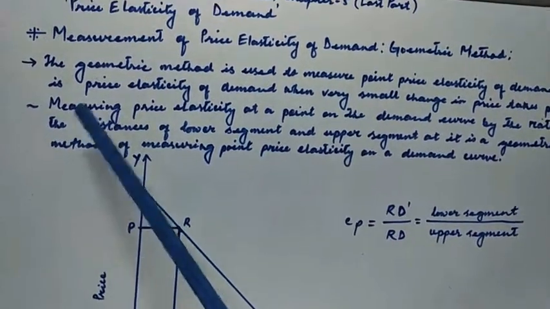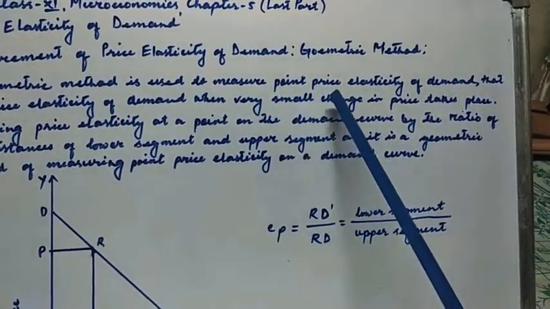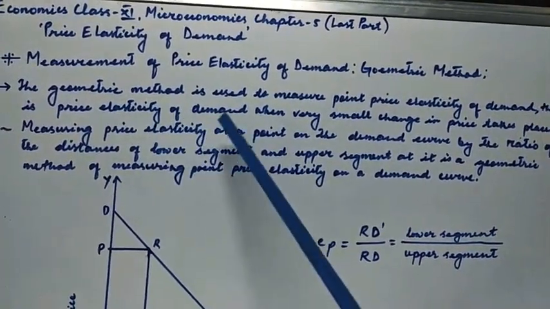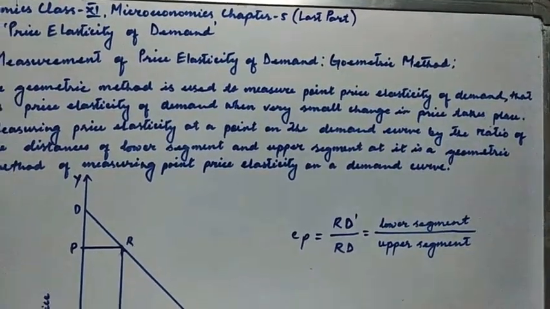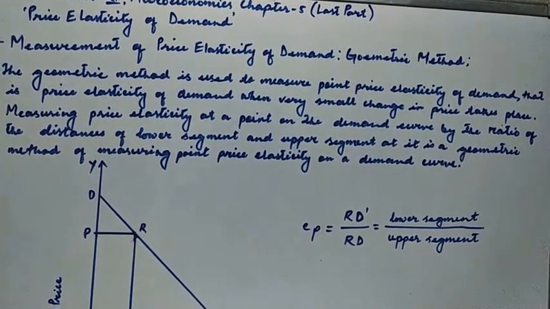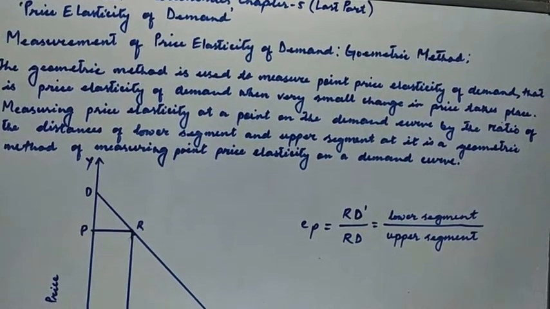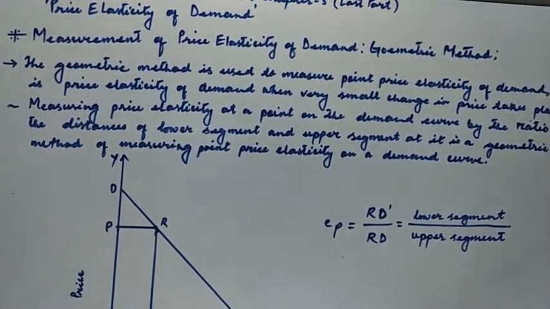So the geometric method is used to measure point price elasticity of demand, that is price elasticity of demand when a very small change in price takes place. So when there is a very small change in the price taking place, we usually use this geometric method to measure the price elasticity of demand.